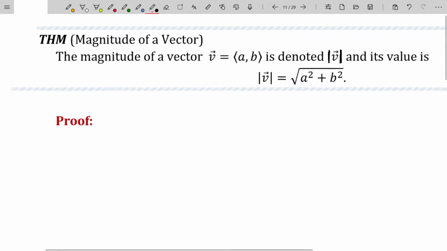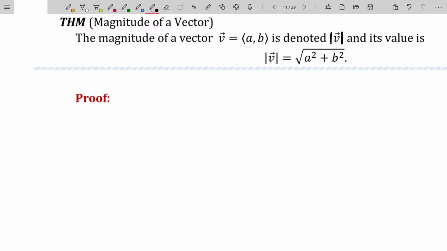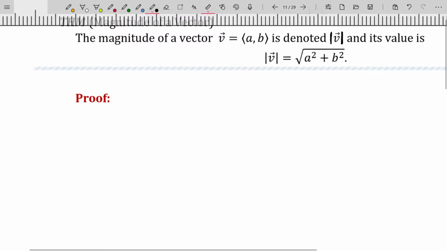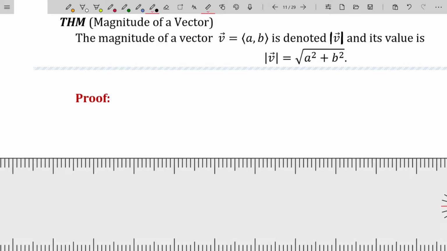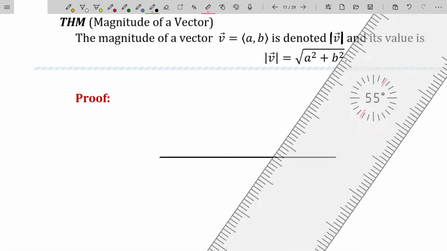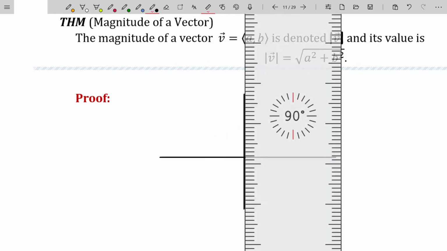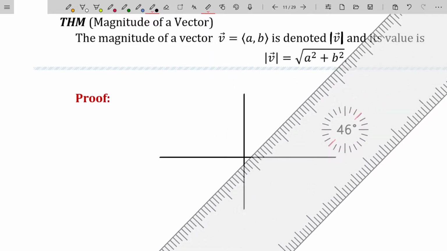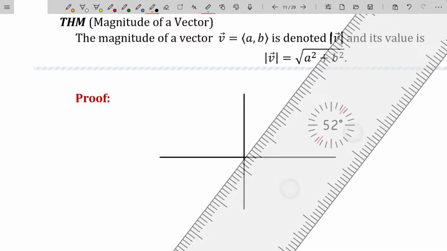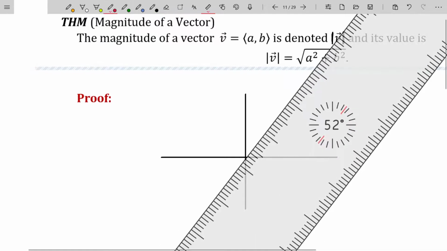Now in 2 dimensions, the proof of this magnitude is very, very easy. If we all agree that the size of a vector does not change no matter where you place it, then let's go ahead and place this vector in standard position. And so doing that, I'll do a geometric proof here. Let's just keep it simple. We'll put this vector in quadrant 1 from standard position.